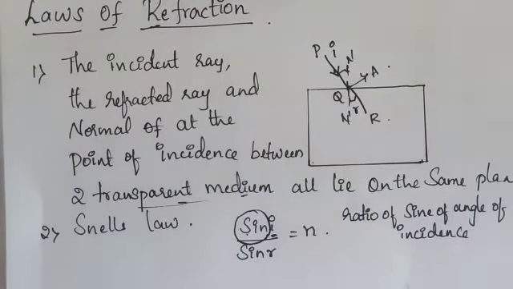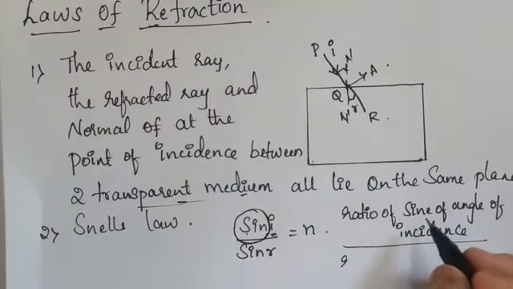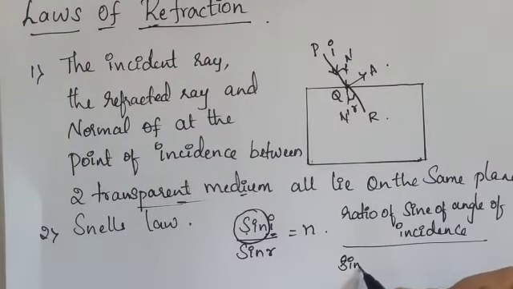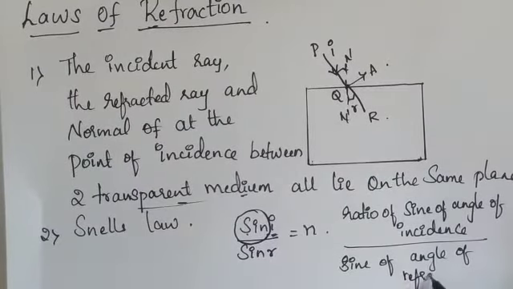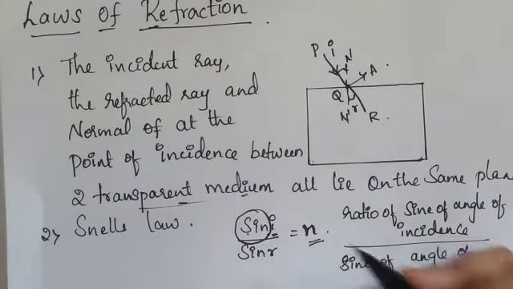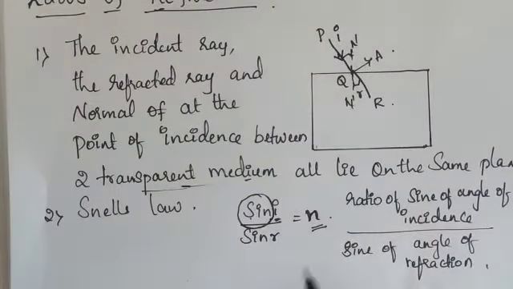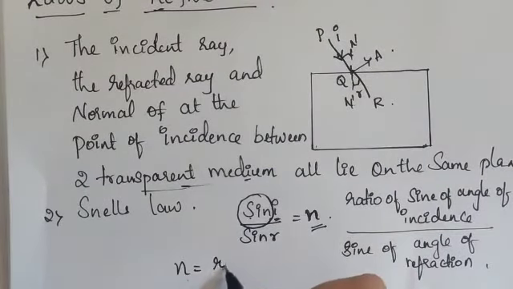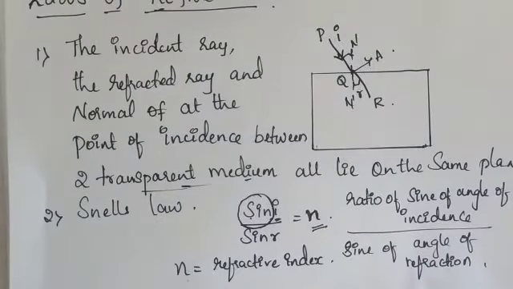For this study you just have to know that it is sine of angle of incidence divided by sine of angle of refraction, which is a constant. This constant we denote by n, and n is also called the refractive index.